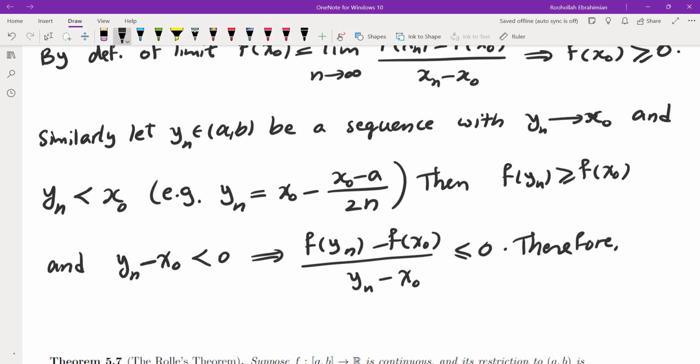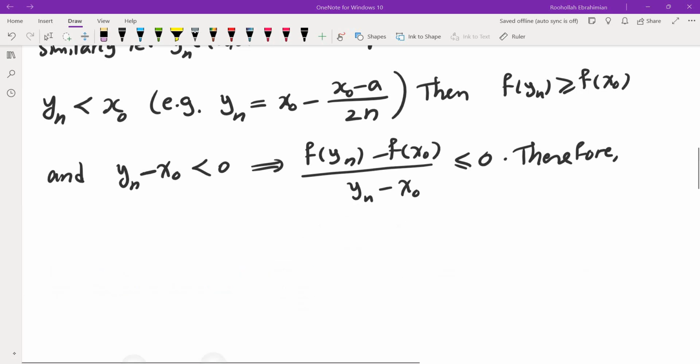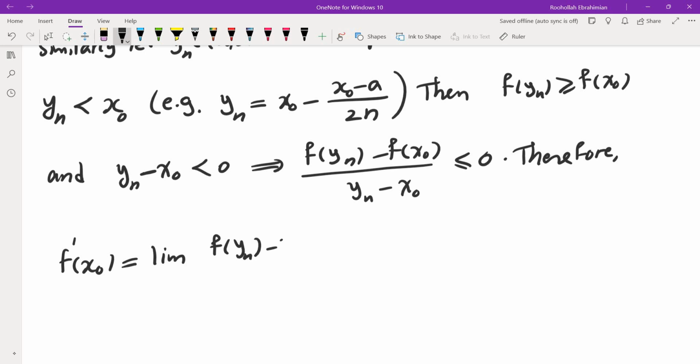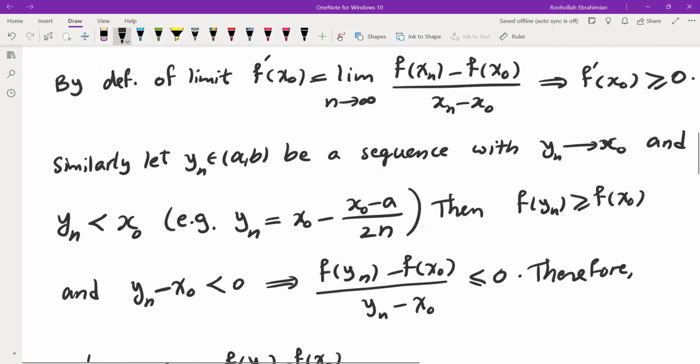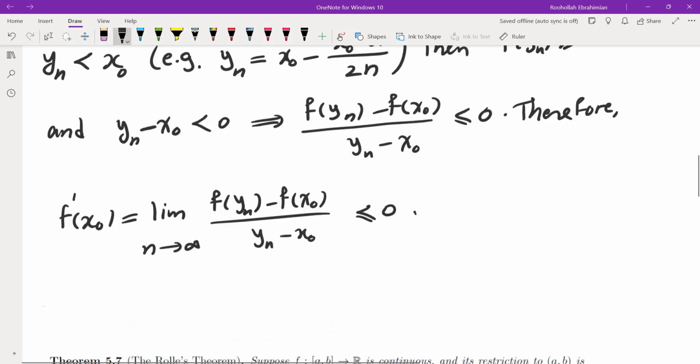Therefore, its limit is also less than or equal to 0. So f prime of x naught, which is the limit of f of yn minus f of x naught over yn minus x naught, is less than or equal to 0. So f prime of x naught is less than or equal to 0 and more than or equal to 0. We obtain that it must be equal to 0.